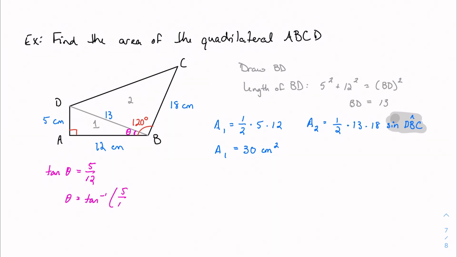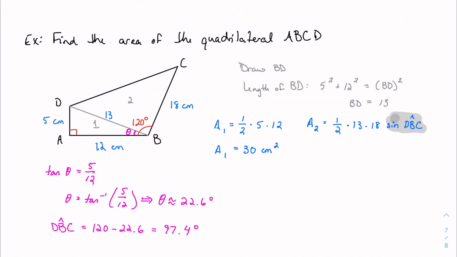This is where IB gets really all about applying the knowledge you know, right, and not just blindly going through it. I get about 22.6 degrees. Well, that tells me then that DBC is 120 minus 22.6, and I get 97.3 or 97.4 degrees.